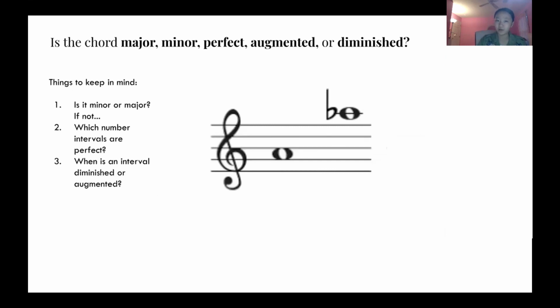So what would we call that? It's one of these two. Diminished? Very good. So remember, you won't call it a minor eighth. There's no such thing as minor or major eighth. If it's a half step lower than a perfect one, then you would call it diminished. Does that make sense? Okay, very good.